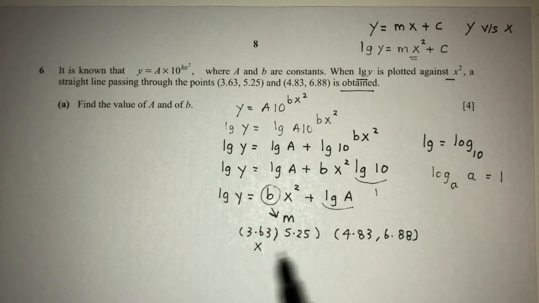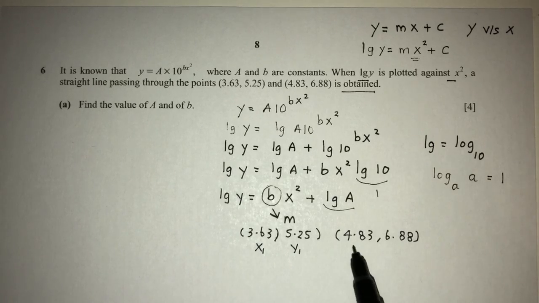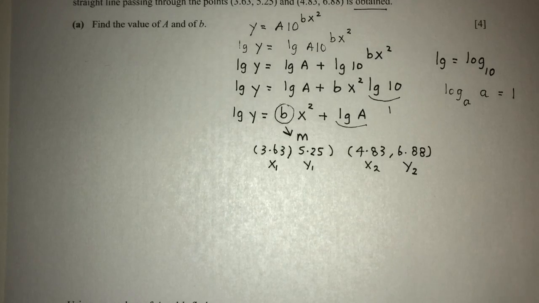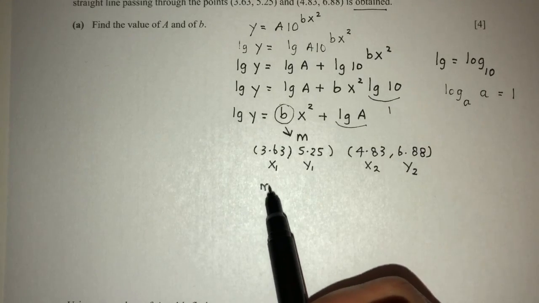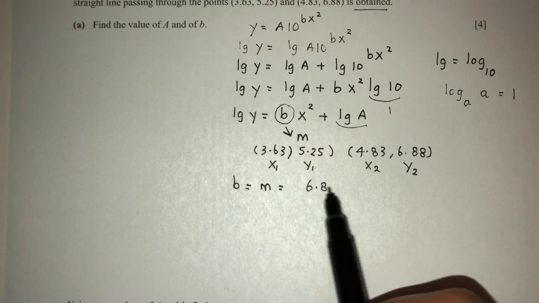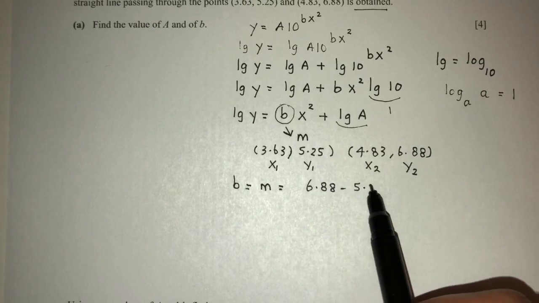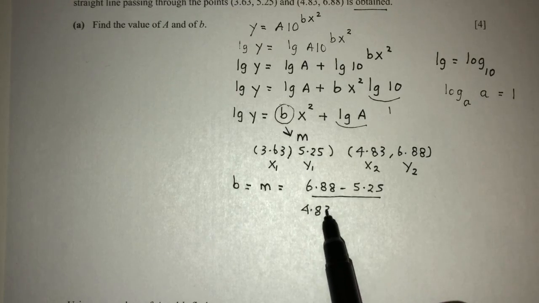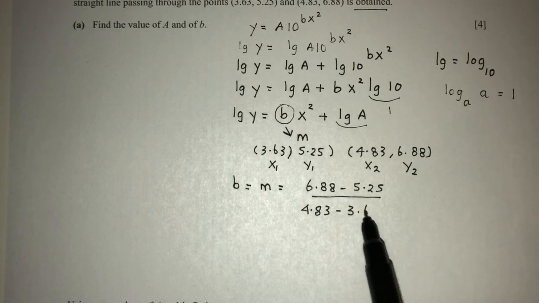This is x1, y1, x2, y2. So let's simplify this. M, which is b, has to give you 6.88 minus 5.25 over the value of 4.83 minus 3.63. So let's find out.